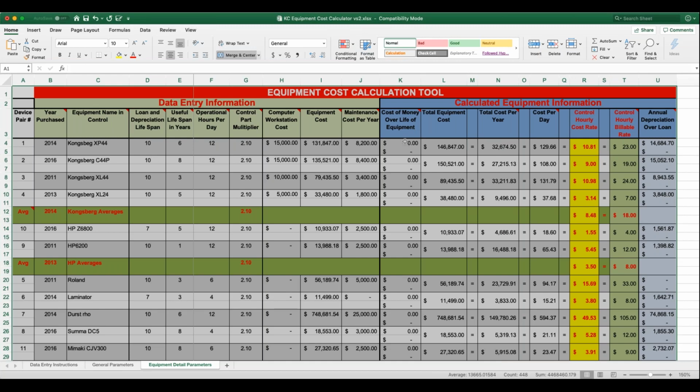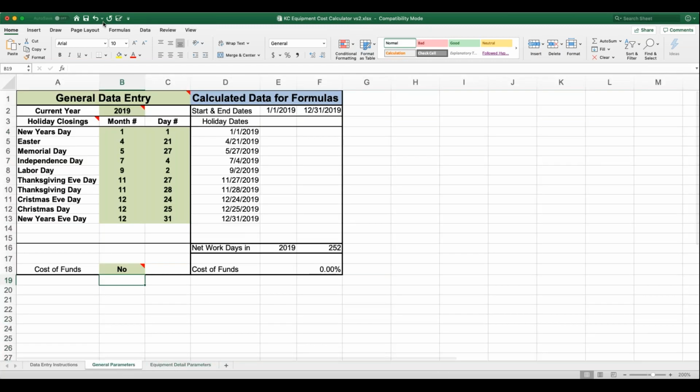Let's stay on this page for a second. This is the total cost of the equipment, and that's what it is per year. This is what it is per day based on the 12-hour usage, and this is the hourly cost. The yellow column is the hourly value of that equipment that you would put into control.